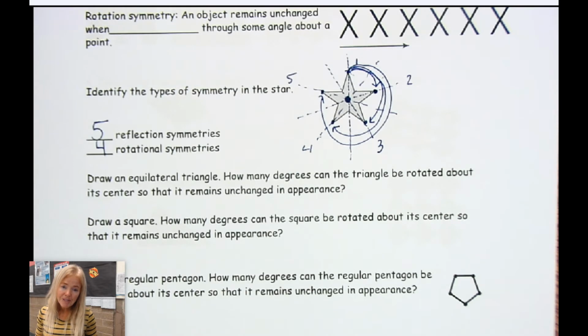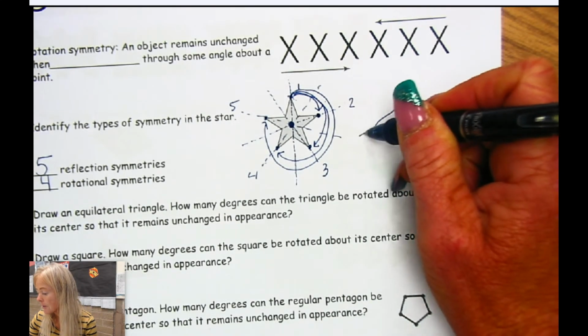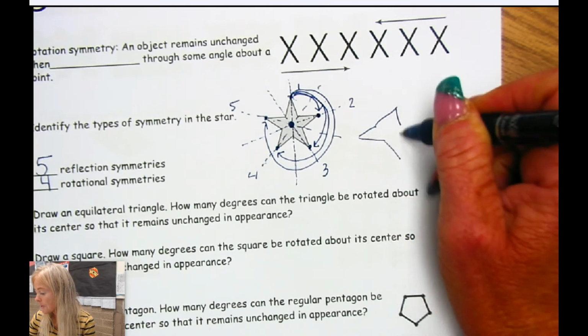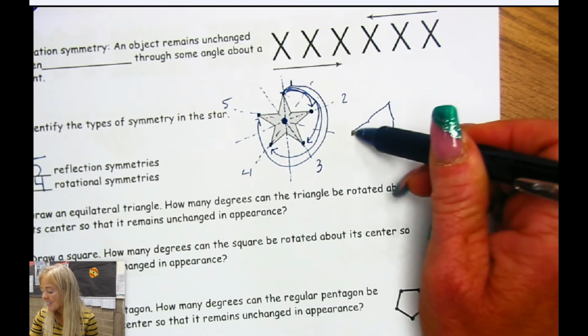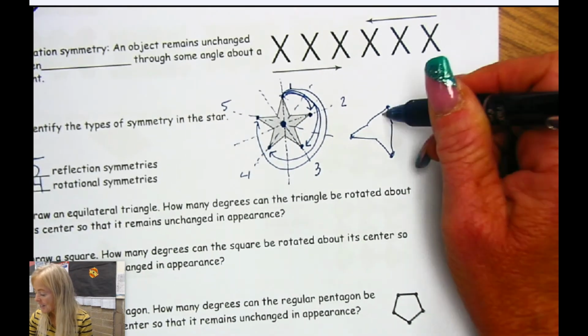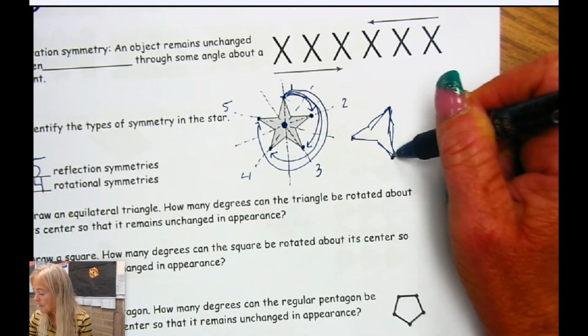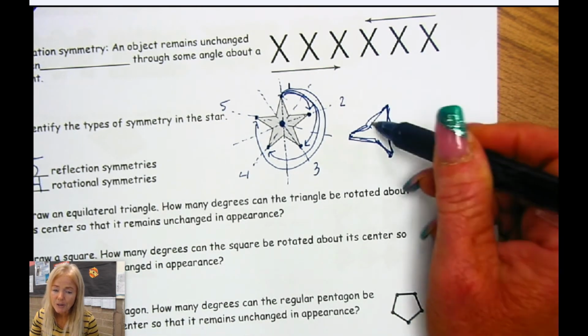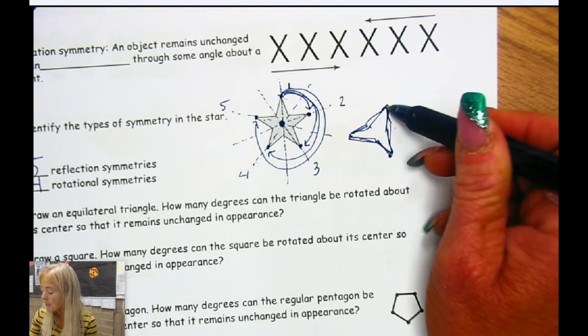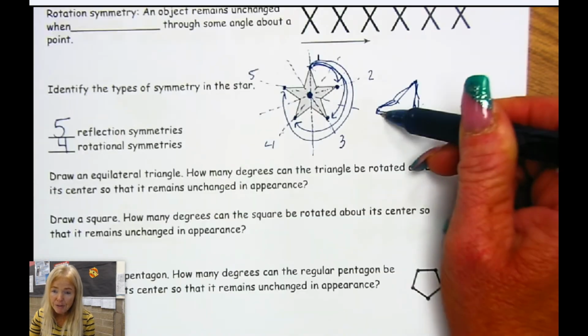Now, it's interesting. When you're dealing with stars, 5-pointed stars or 10-pointed stars or 3-pointed stars, every single time, I was going to try to do a 3-pointed star. I can't draw. But there are 3 points to that star. You're going to notice that every time, if these were drawn the same way, I'd have to have a computer to do that, you would have 3 reflections.